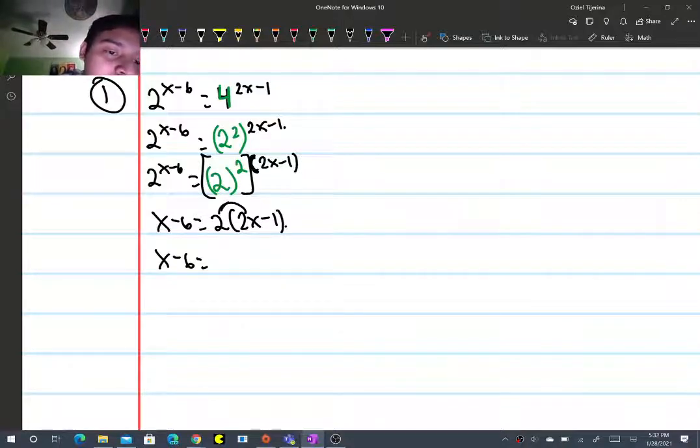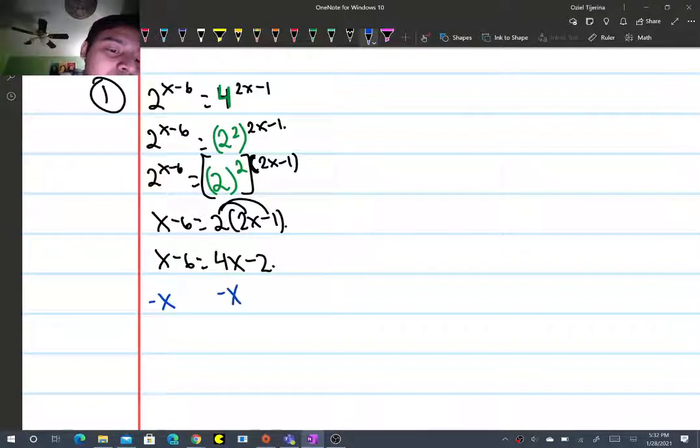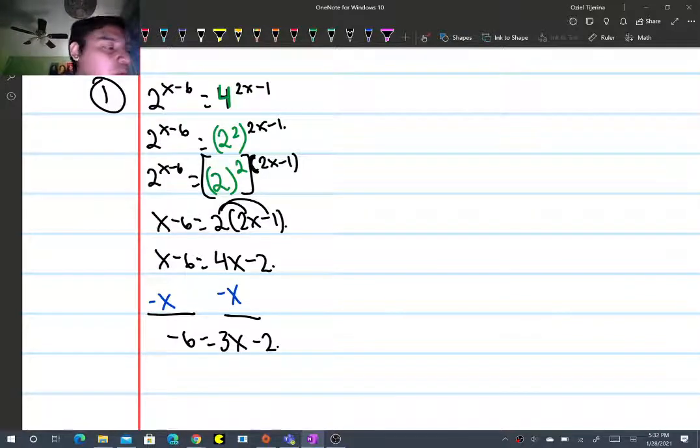So we have x minus 6. We're going to distribute our 2 into our expression. We have 4x minus 2. And then next, we're going to subtract x on both sides. That'll give us negative 6 equals 3x minus 2. Okay.